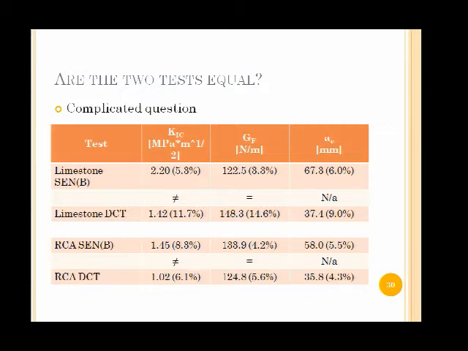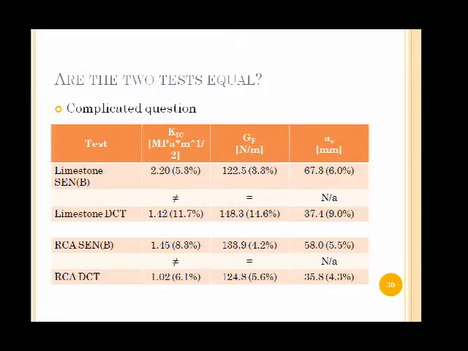So for both the RCA and limestone mixes, for both geometries, the fracture energies were the same. But when we went to compare the K1Cs, we found that neither mix had an equivalent K1C value. And it's fairly obvious just looking at the values that they're not equal.